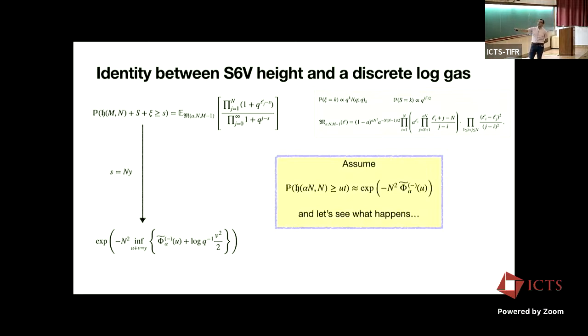And so in this limit, assuming that the height function actually satisfies a large deviation principle, we can express this probability, scaling s as n times y, as e to the minus n times the infimum of two contributions: the rate function of the height function h and the rate function of a Gaussian, which is nothing but a parabola. So assuming the existence of the rate function, we can approximate this quantity in this way.